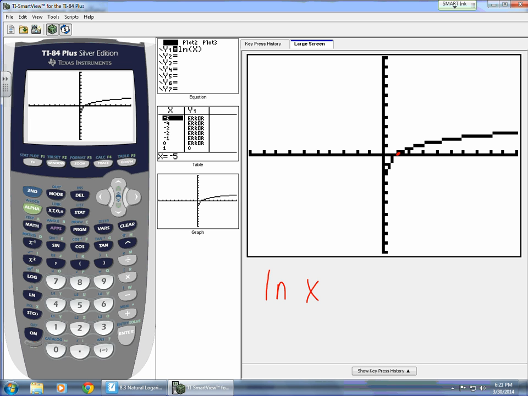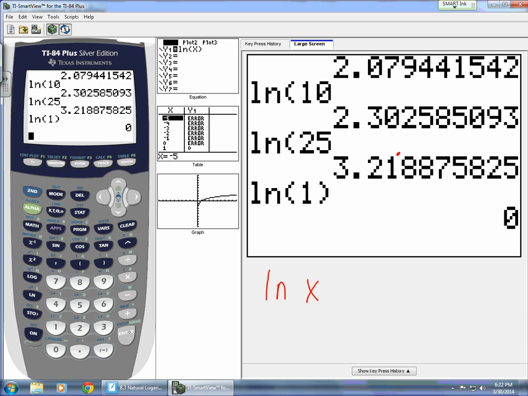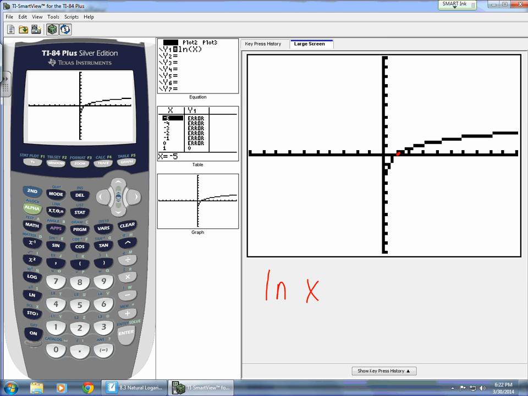What's the y value there? How far up or down does that go? Natural log of 1. And that looks like it goes up and down 0? So that point right there would be 1 to the right, up or down 0. So the natural log of 1 is going to be 0.